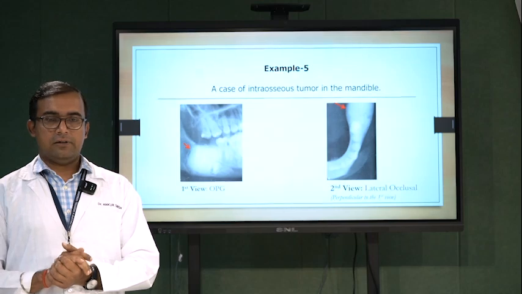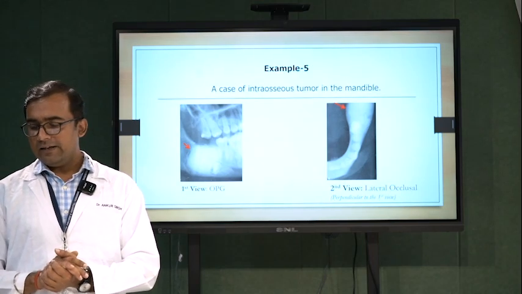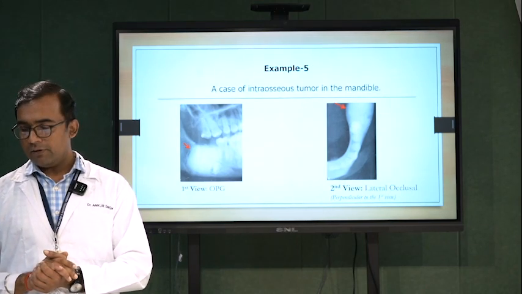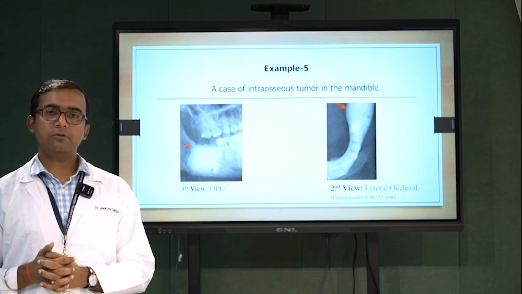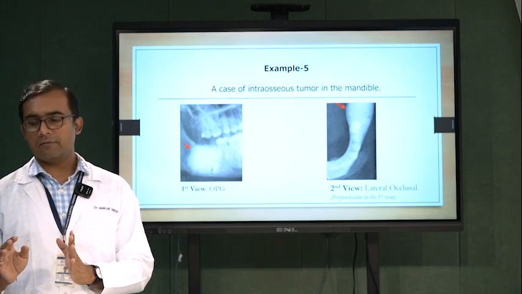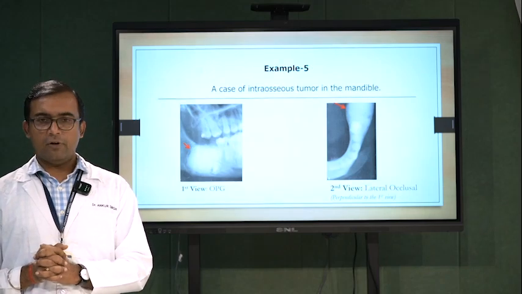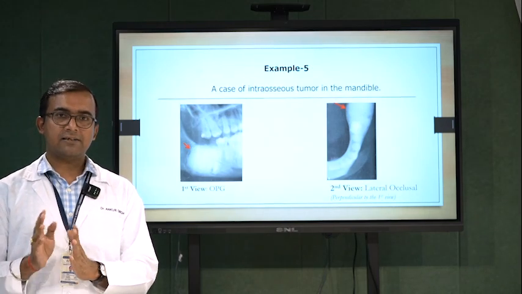So one lateral occlusal was taken, and it seems that the pathology is involving the entire segment of the jaw. So both the cortices are involved completely, and this is not a pathology of either side.